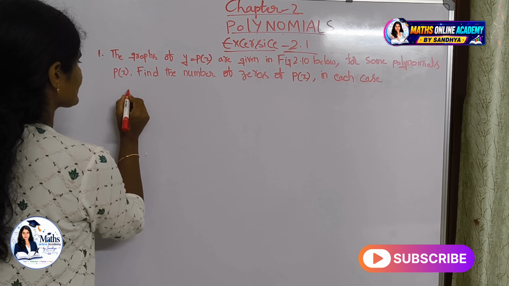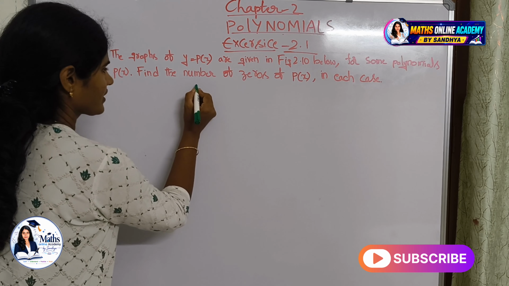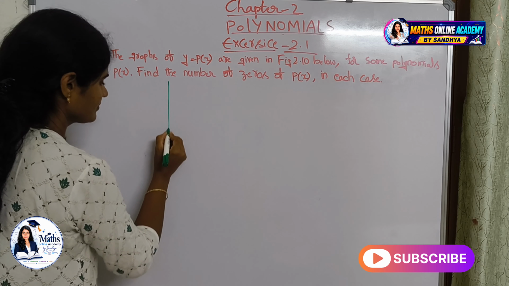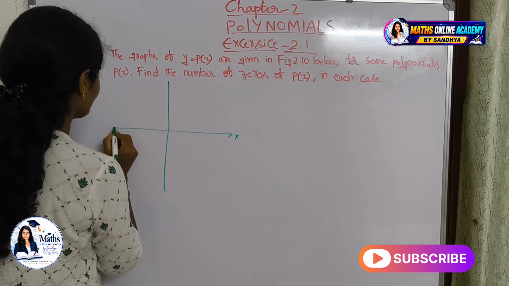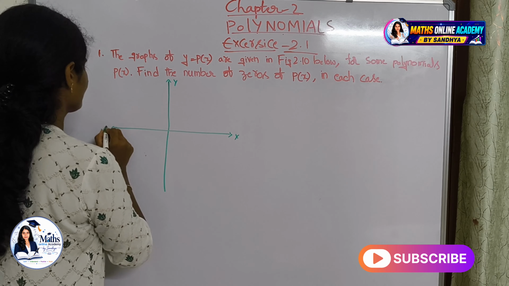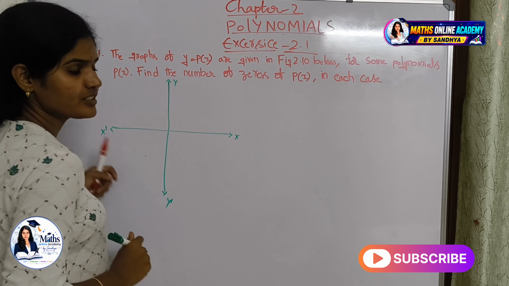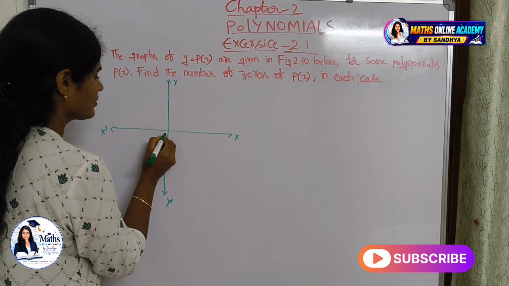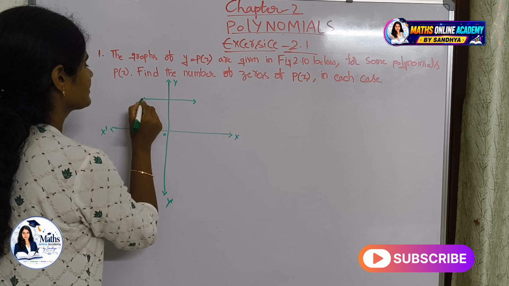So in this first case, see the graph. This is the x-axis. This is the y-axis. This is the 0. The graph is represented like this, a straight line.